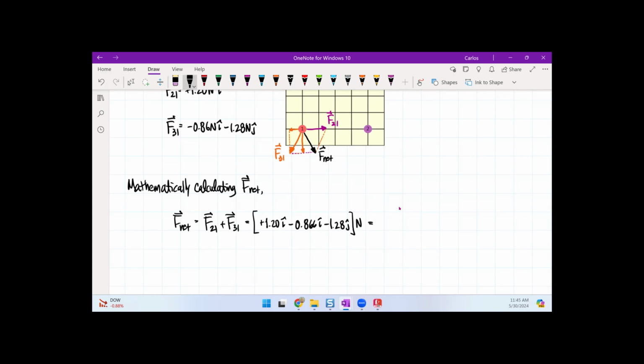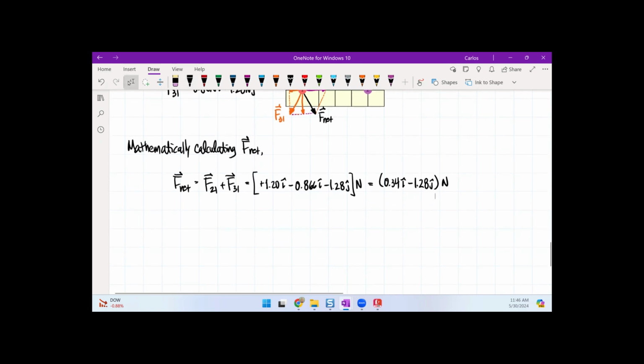So then I have a quantity that reads 0.34 in the i minus 1.28 in the j direction, and that points into the fourth quadrant as expected.